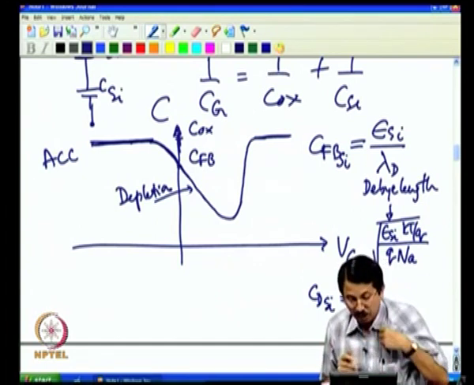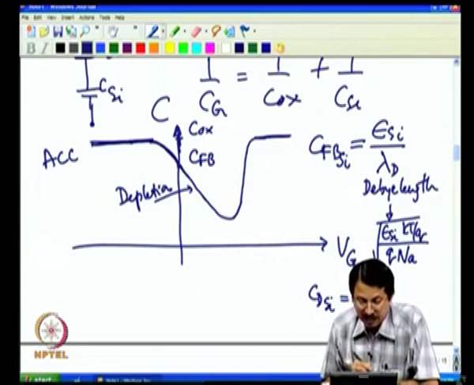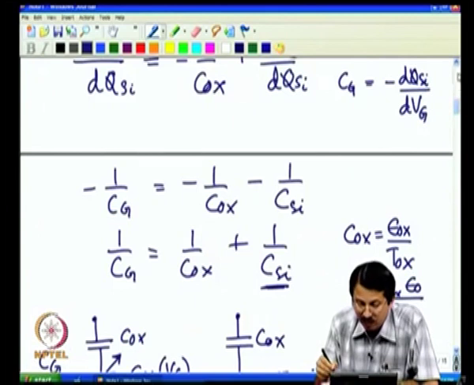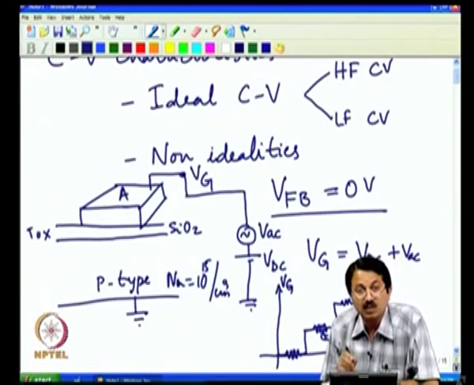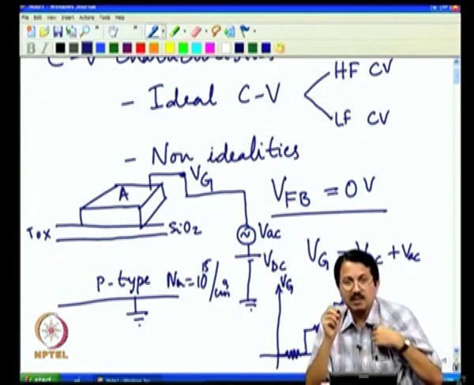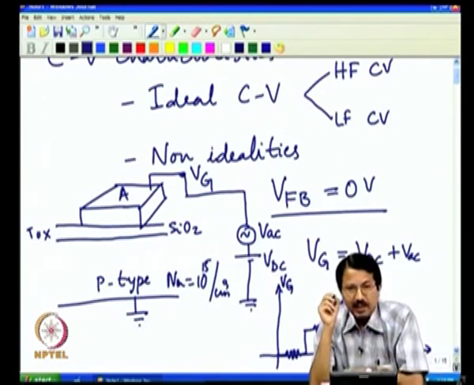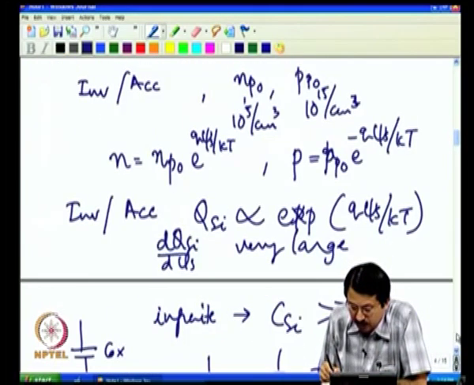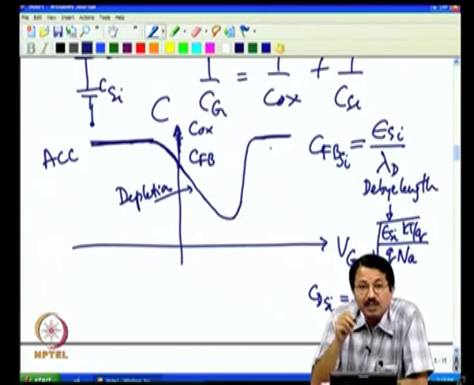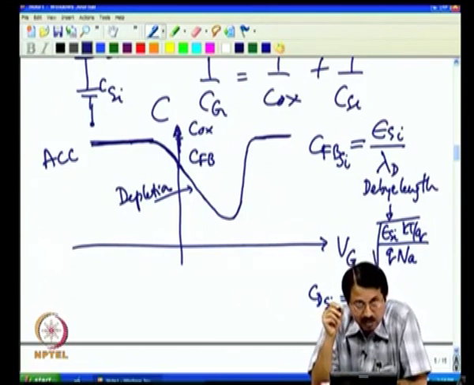Now, very interestingly, this happens only if the measurement frequency here is low frequency, and we will come to why that is the case. What is low? If it is a very high quality silicon capacitance that you are looking at, in order to get this kind of behavior, your frequency should be less than a hertz.